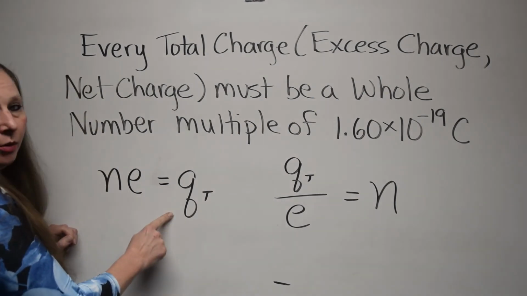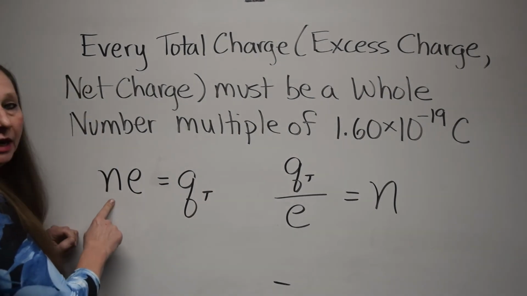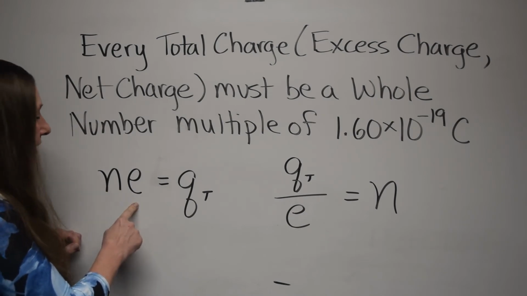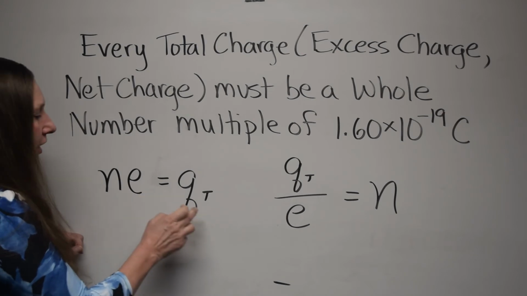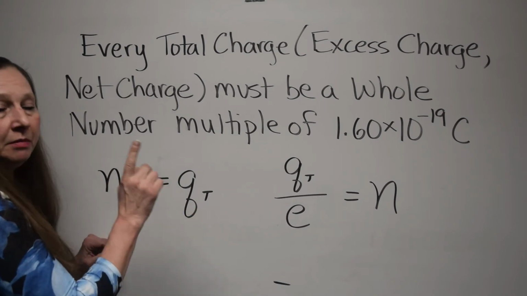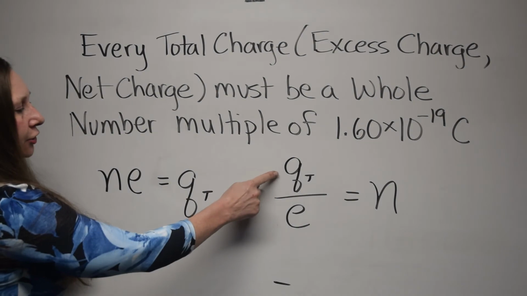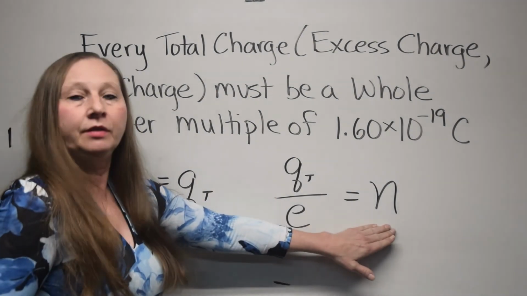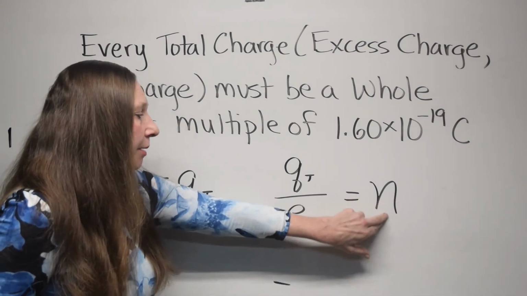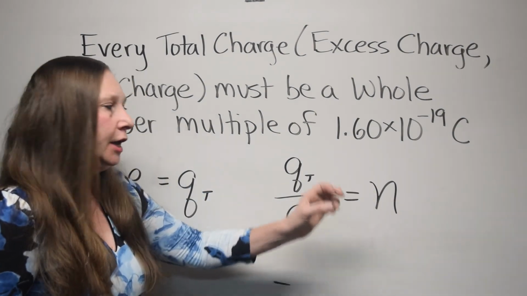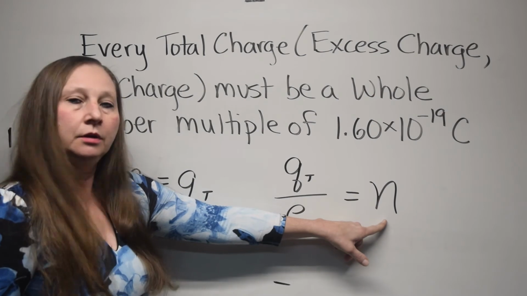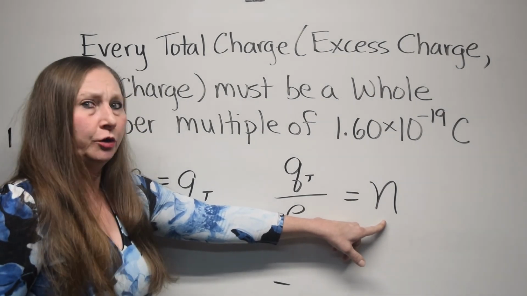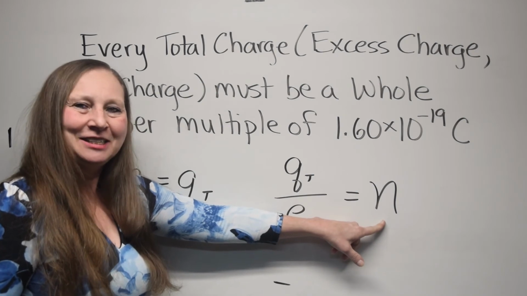So here's the equation. Take the number of electrons or protons, multiply by 1.6 times 10 to the negative 19, which is e, the elementary charge. That gives you the total charge. Meaning, if you take that total charge and divide by e, you will get the number of electrons or protons. This number must be a whole number, because you cannot have half an electron or a third of a proton, etc.